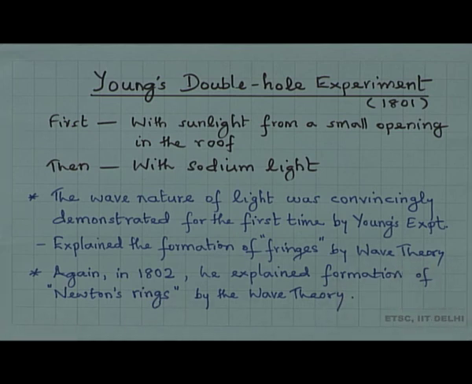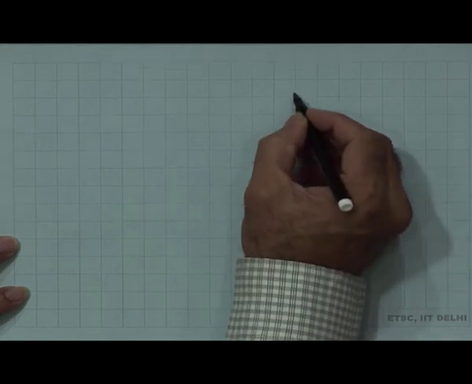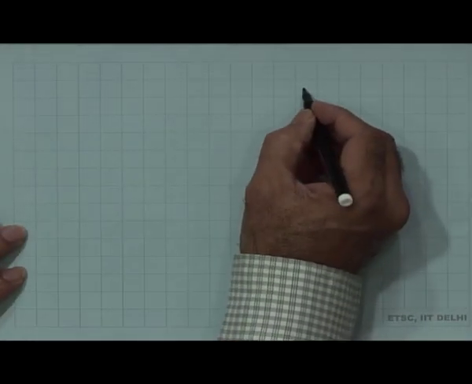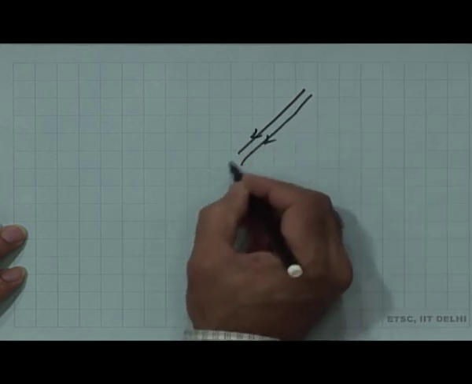Now, let me explain a little bit. Apparently Young's experiment was done the first time when he saw sunlight coming from the roof. So, this is sunlight coming from the roof.